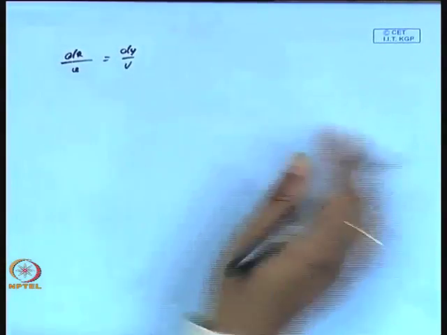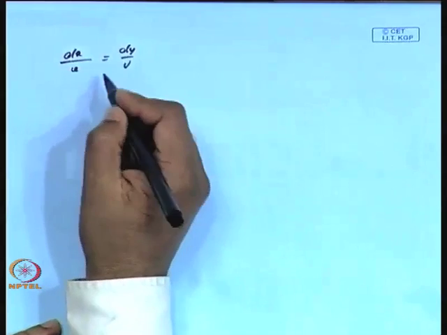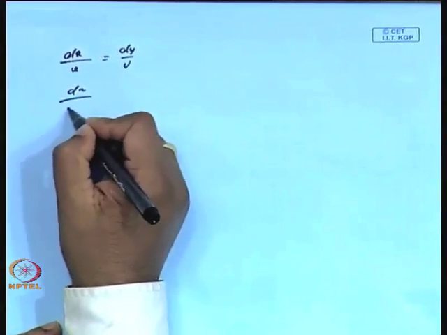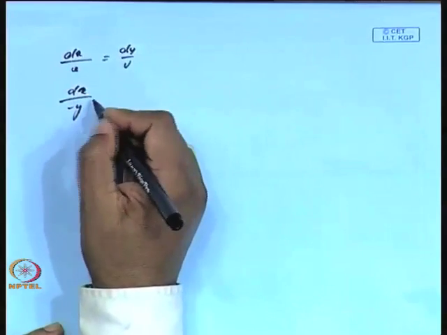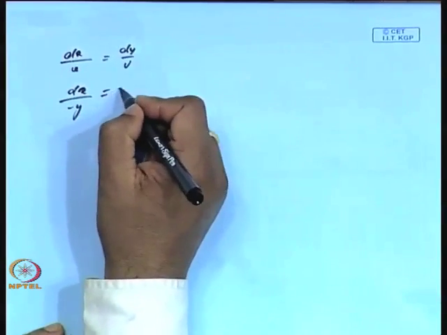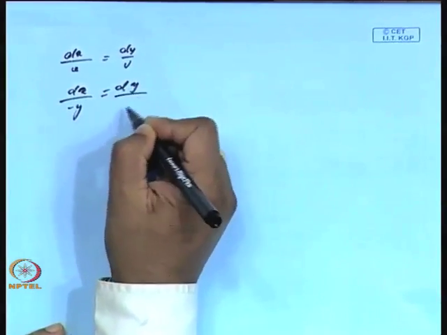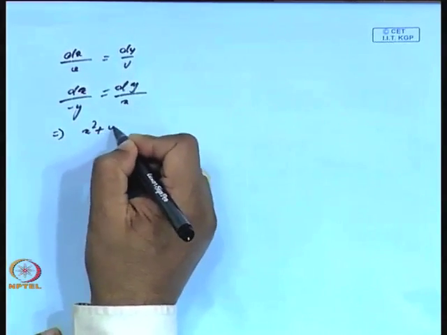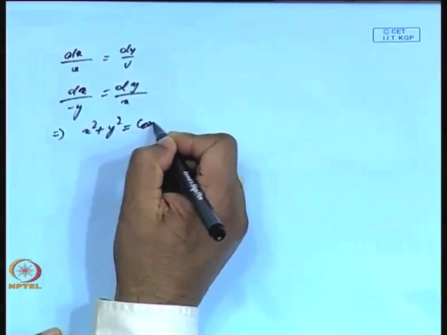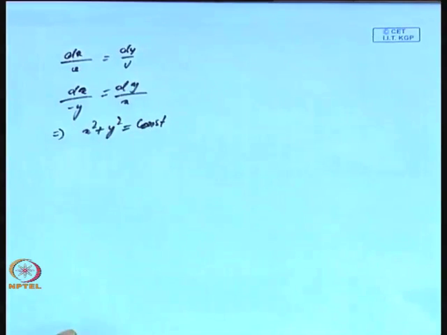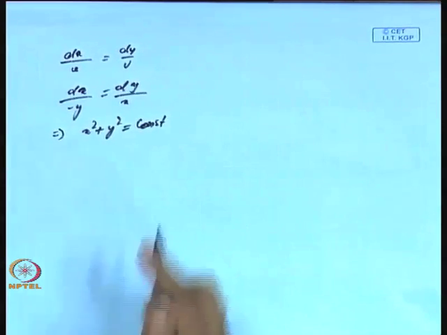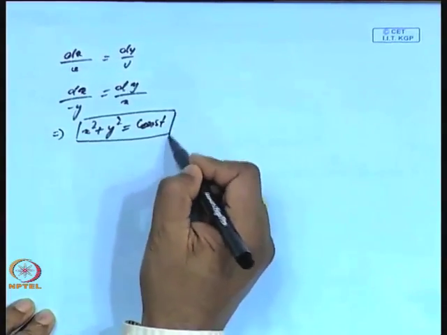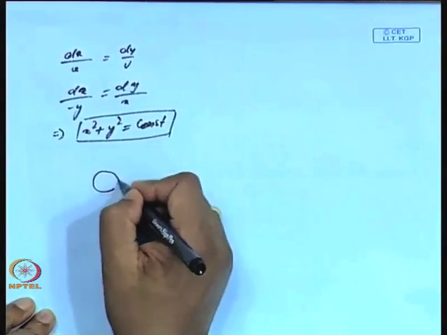Because we are dealing with a two dimensional flow, that will give us dx by minus y equals dy by x, which gives us x square plus y square is equal to constant. So, this gives the streamlines. So, it is concentric circles.